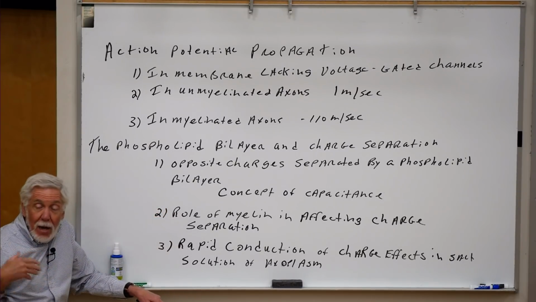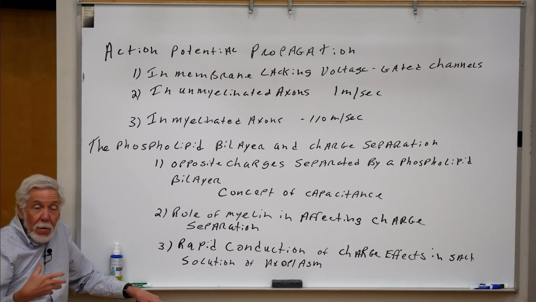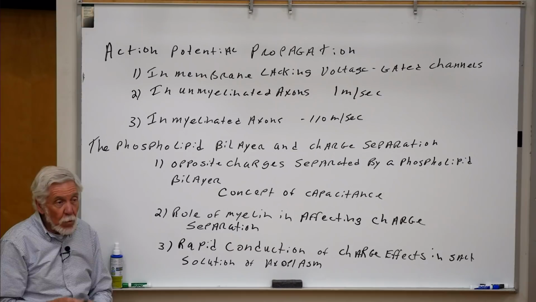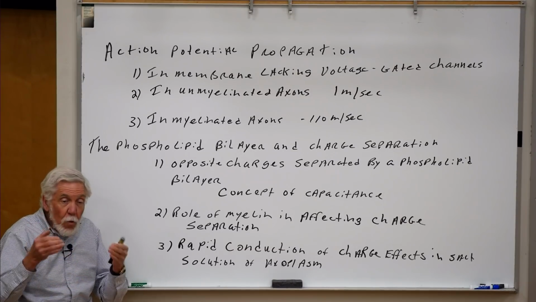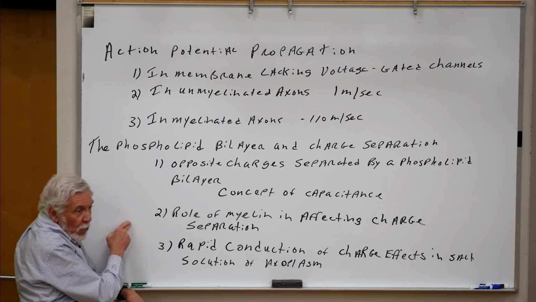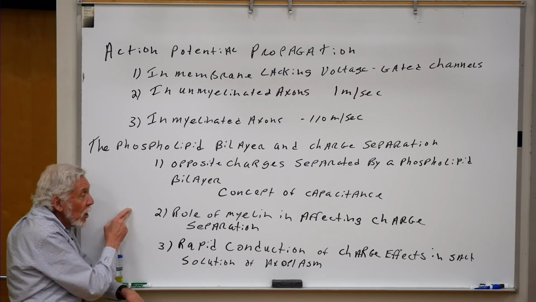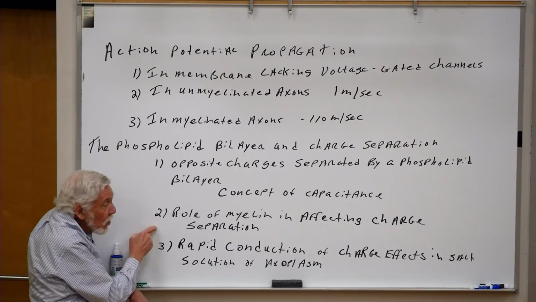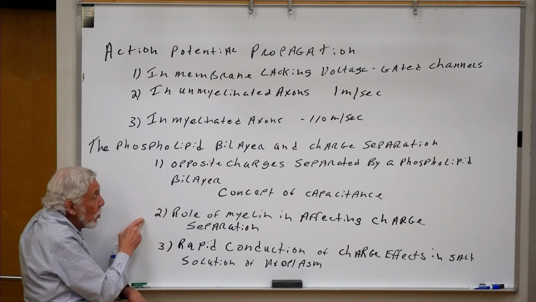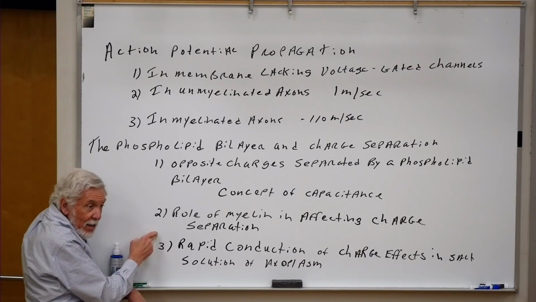So we're going to talk about a two-step activity, where before we simply opened the channels and ions moved through, and we got movement of ions through a channel. Here we'll see that it's a two-step arrangement. We have to first offset or discharge the capacitance along the membrane. And much of the charge coming through the channels will in fact do that.